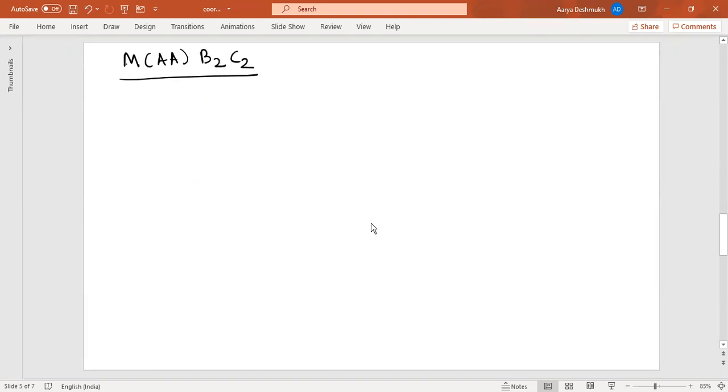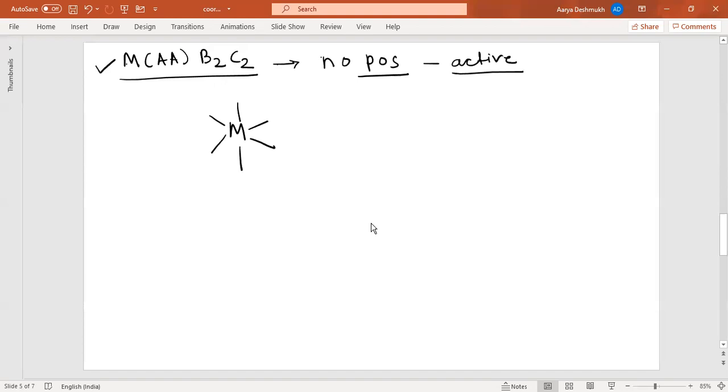This type of complex will not have a plane of symmetry, no POS, and since it doesn't have a plane of symmetry, it would be optically active. So the trick we discussed, I was talking about this type of complex.